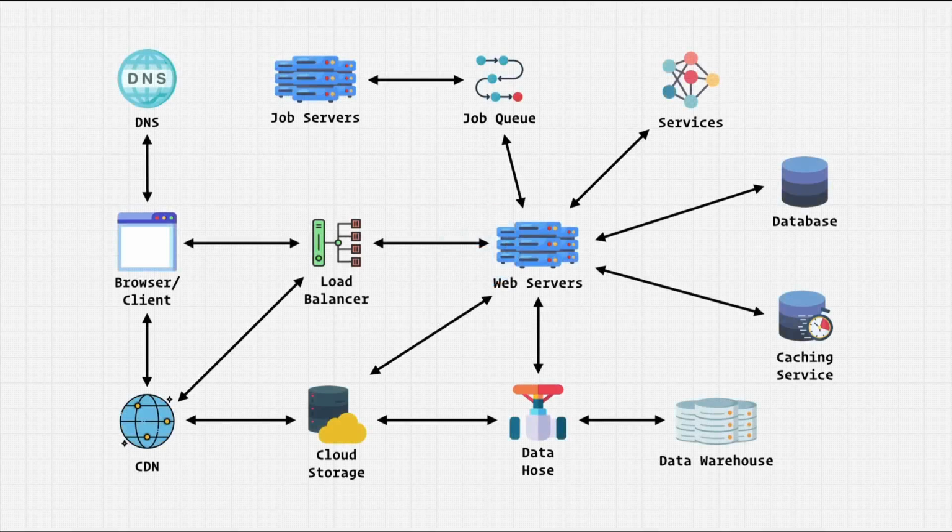And the reason why, as you saw in the image, it was linked to all these other parts of the actual diagram is because you can store the files that you receive for the website into the CDN, either from cloud storage or from the load balancer. The main idea is just that the CDN is going to hold the files that you want to serve to the browser and not have the browser go directly to the web server. Instead, you just have it receive it from the CDN.